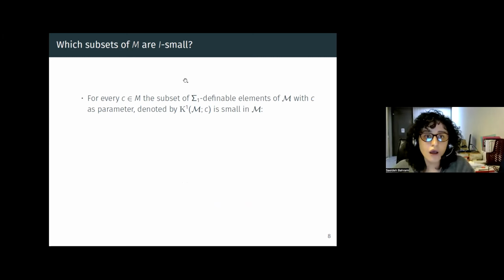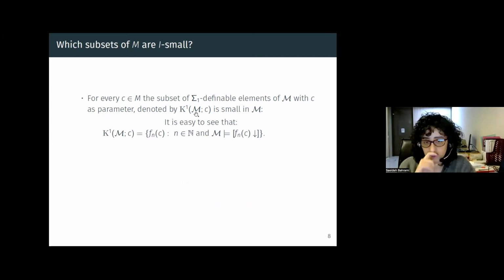So whenever we have an element in M like C, the set of all sigma 1 definable elements of M which are defined with C as a parameter, which is denoted by K1 of M and C, is small in M. It is easy to prove this because K1 of M and C is equal to all of the elements of this subset.